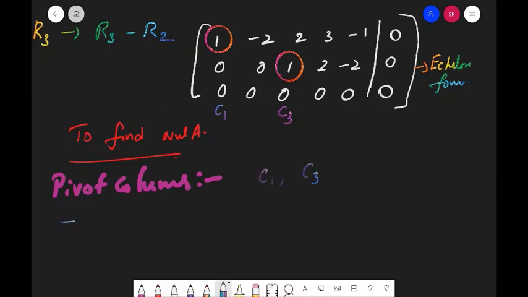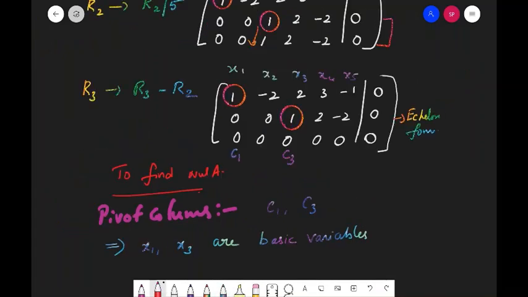That implies we can find the basic variables. The number of variables equals the number of columns: x1, x2, x3, x4 and x5. Now you have the variables. C1, C3 are pivot columns, which implies x1, x3 are basic variables.